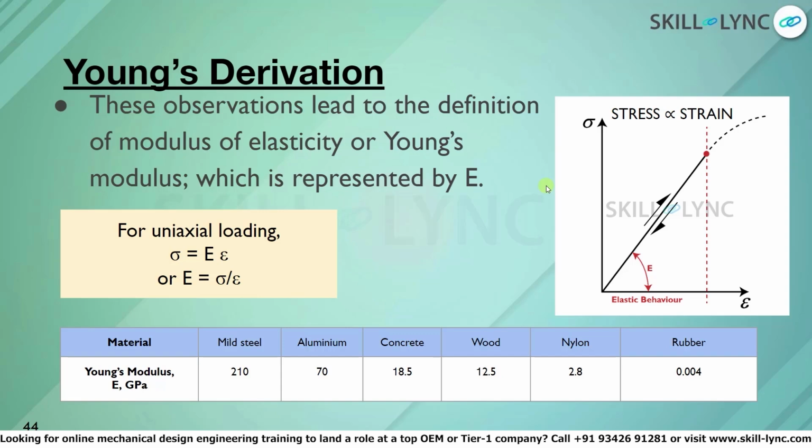As we go on, the lowest Young's modulus value is for rubber, which is 0.04 gigapascal. So therefore, we can say that mild steel has better performance in the elastic region, whereas rubber is not that high, which makes it a very bad material to be used during building constructions and other aspects.